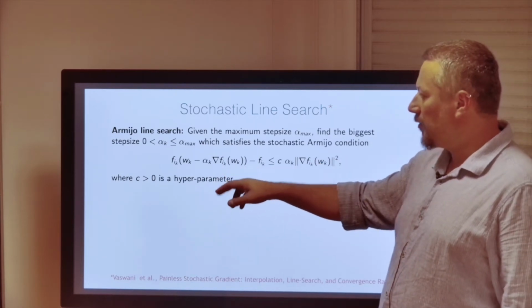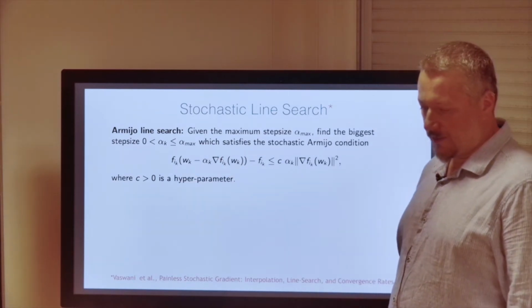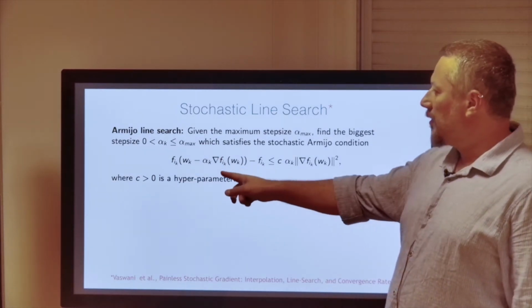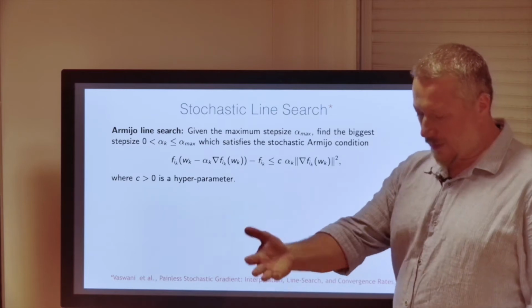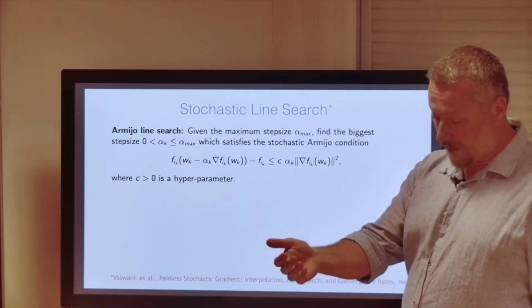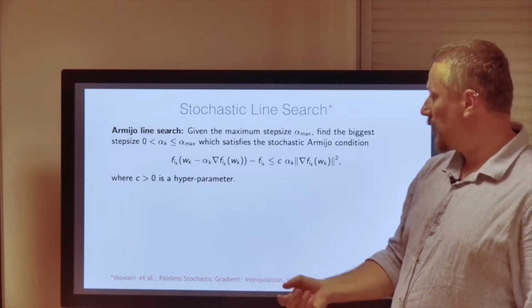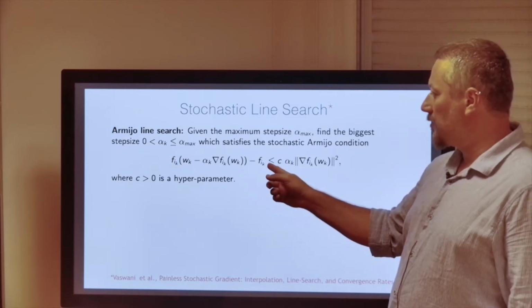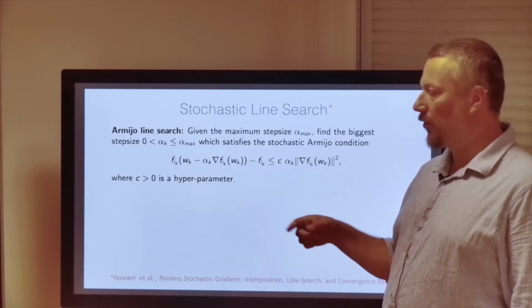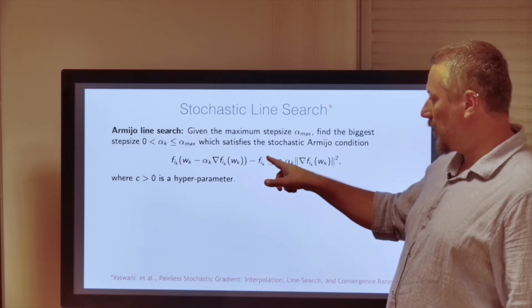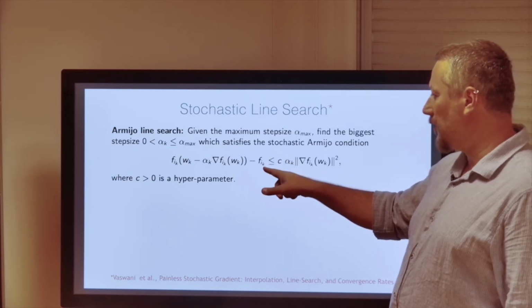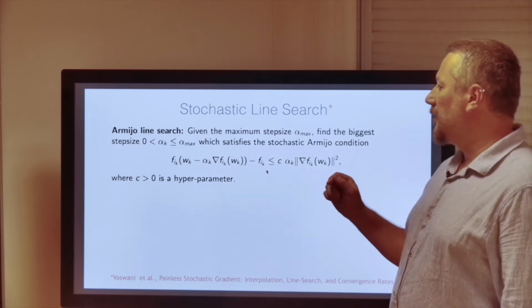This is exactly when you take the gradient step. So you take the gradient step, you calculate the stochastic function value at that point. You calculate the stochastic function value at the starting point, which there's a typo here, you have to write omega k here. And then you look at the difference.